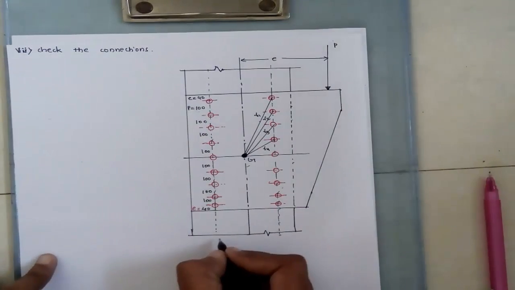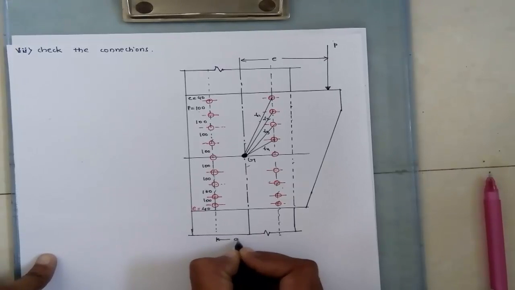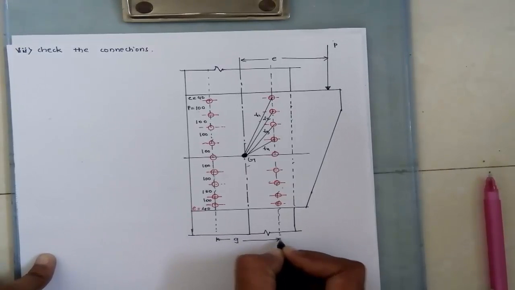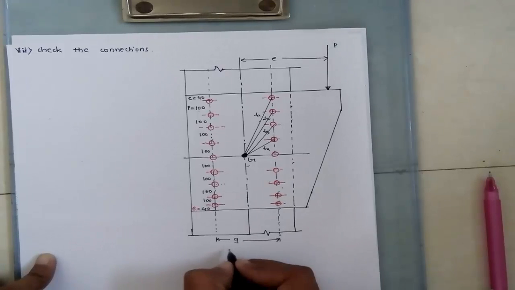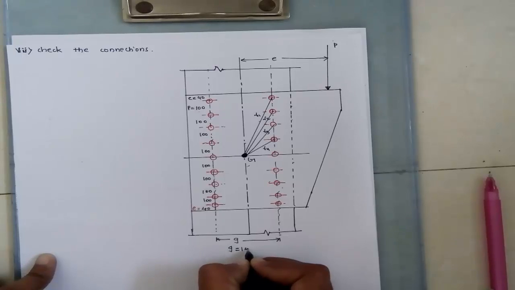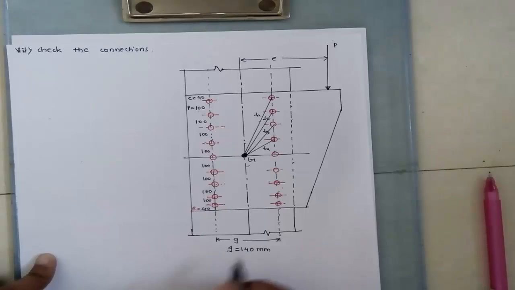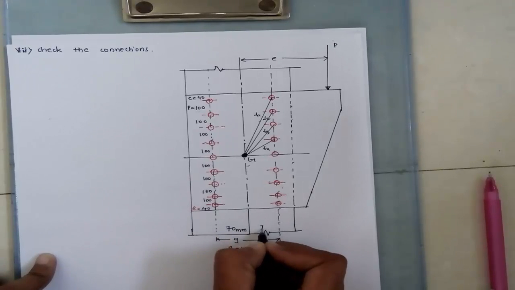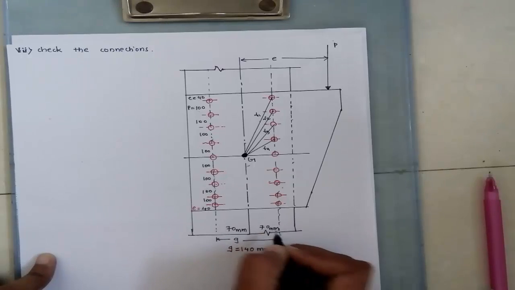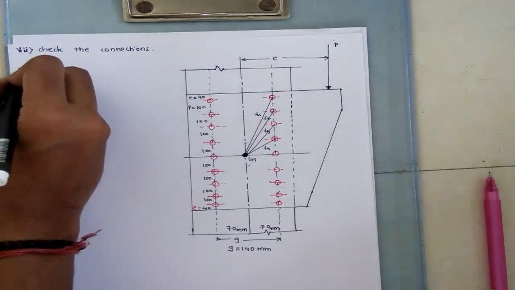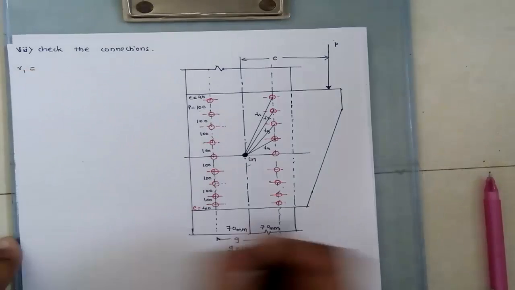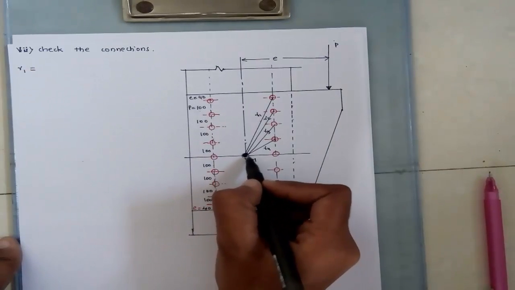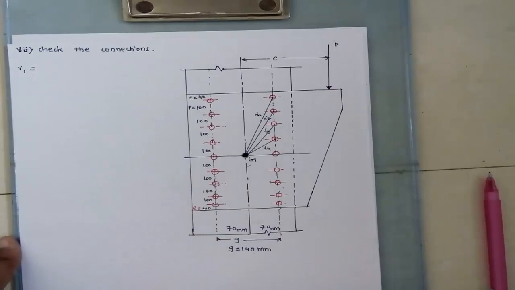Similarly, there is a gauge distance which is denoted by g. From the steel table we get it as 140 mm. So this is 70 mm and this is also 70 mm.